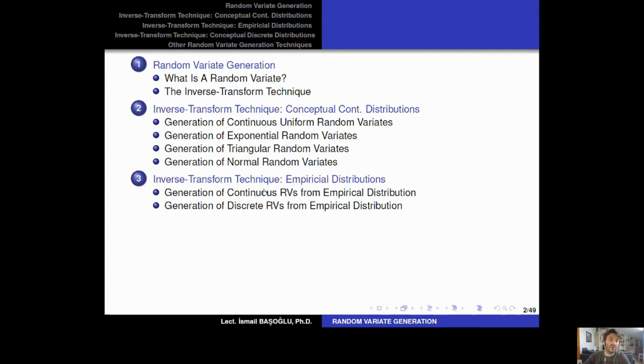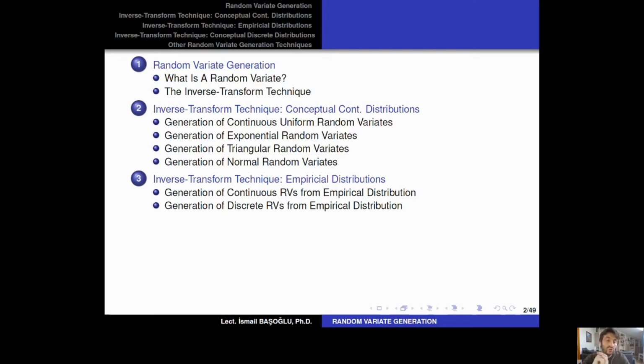And then we are going to learn about the same technique, inverse transform technique, to generate random variates from empirical distributions. So not every time we will have a certain probability model. Sometimes we are just going to have only the data itself from a real system, and we will not be able to fit any probability model to it.